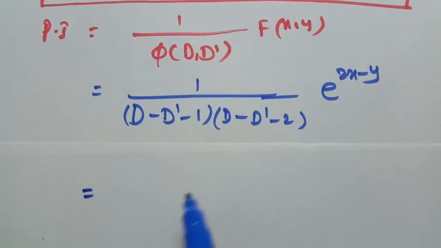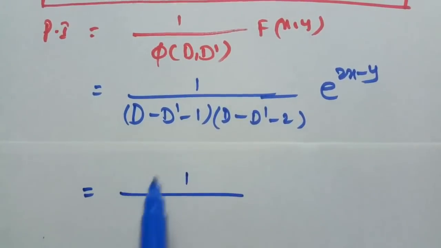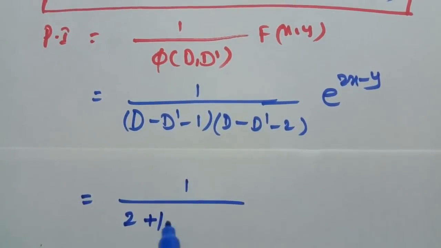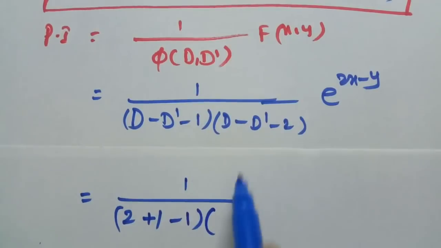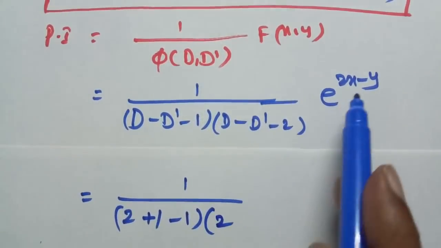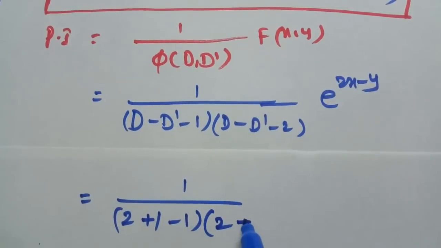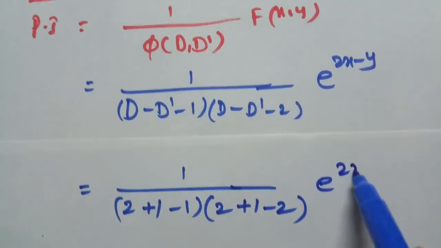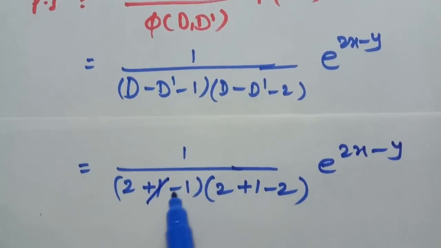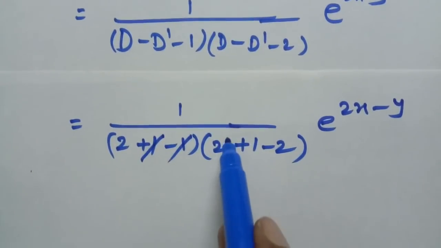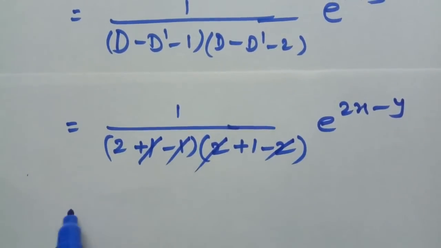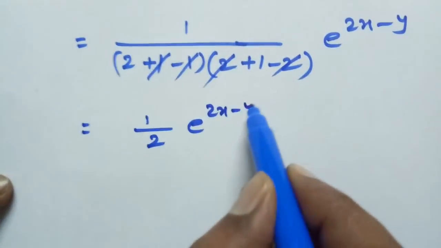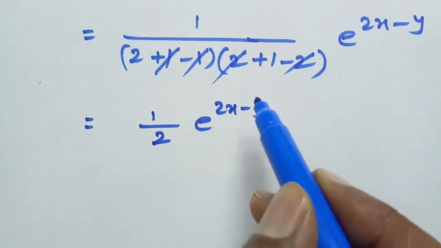This is equal to 1 by, put D equal to 2, D' equal to minus 1: (2 + 1 - 1) into (2 + 1 - 2) into e^(2x - y), which is 1 by 2 times e^(2x - y).